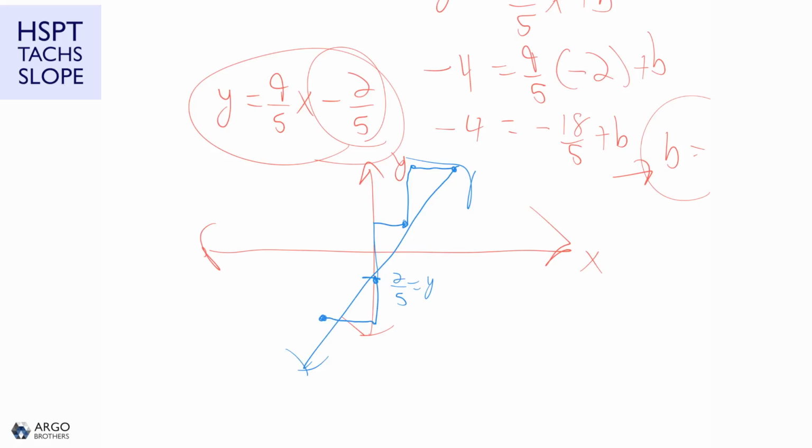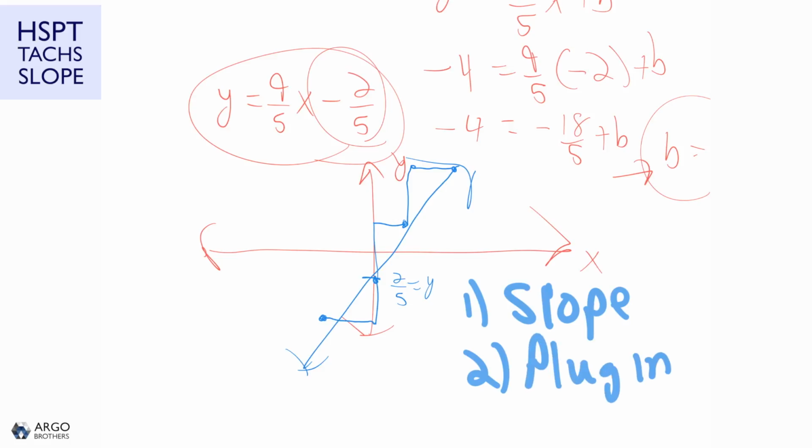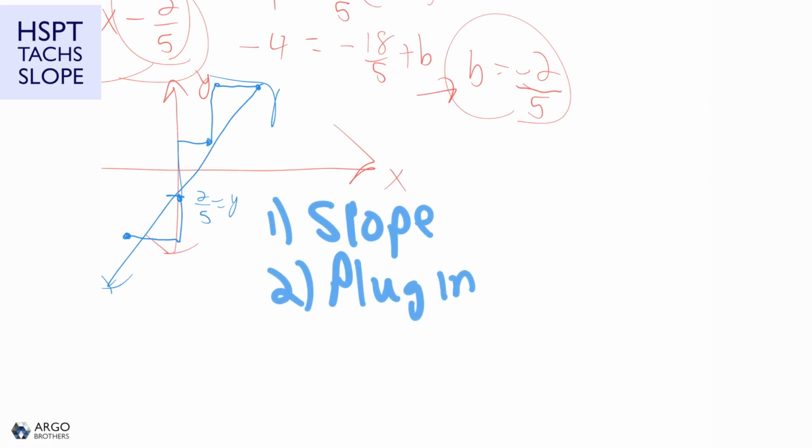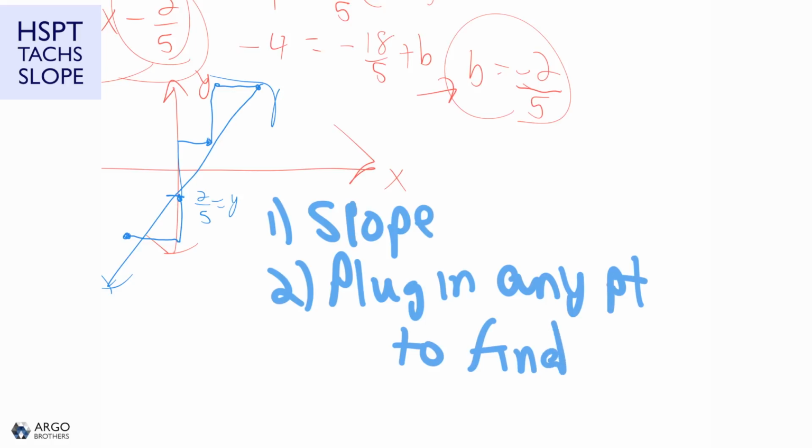So when they give you 2 points, remember the things to do to find the equation: number 1, find the slope. Number 2, find the y-intercept by plugging in any point that they give you to find b, which is the y-intercept, and then write out the line.